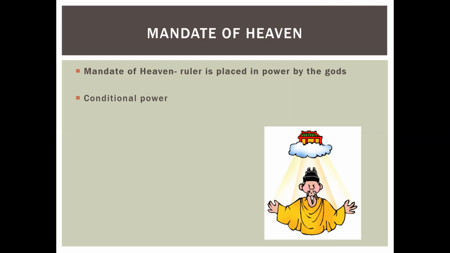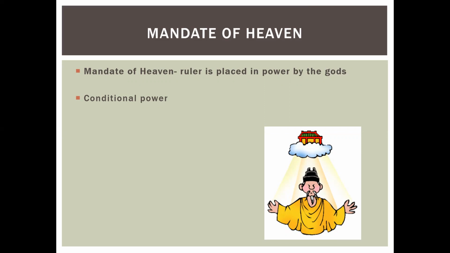The most important of these ideas is the mandate of heaven. This is the idea that the celestial powers provide their benevolence to a certain ruler. So any emperor in China needs the authority of the mandate of heaven.